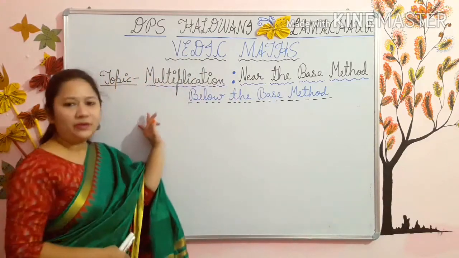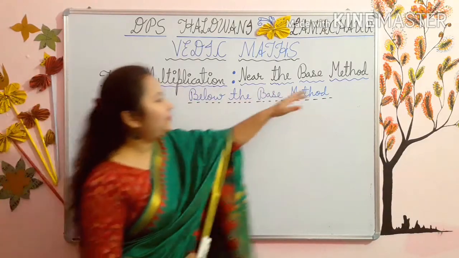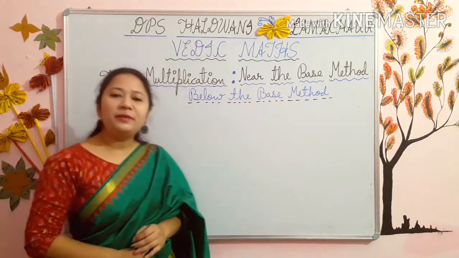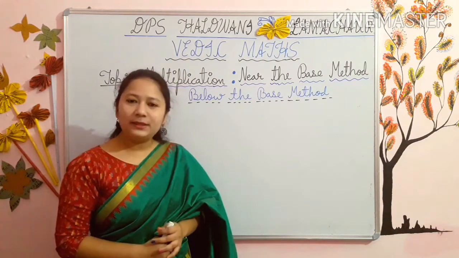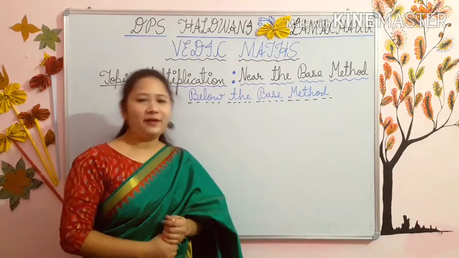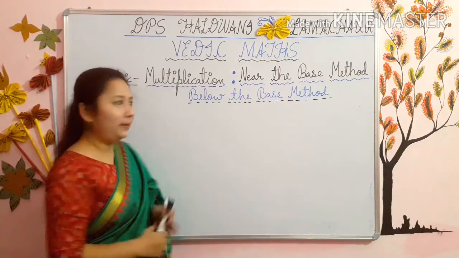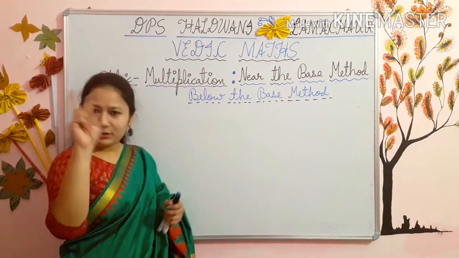So students, our today's Vedic Maths topic is multiplication near the base method. In our previous videos, we have completed the topic multiplication of 2, 3, 4 and 5 digit and variable digit multiplication. Now in this topic, near the base method, there are two parts.